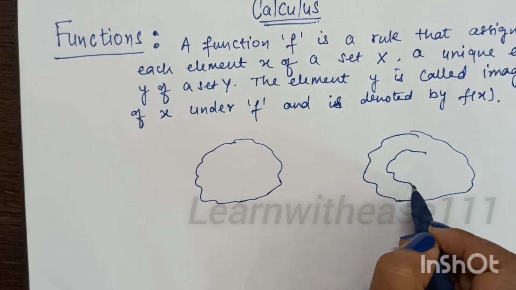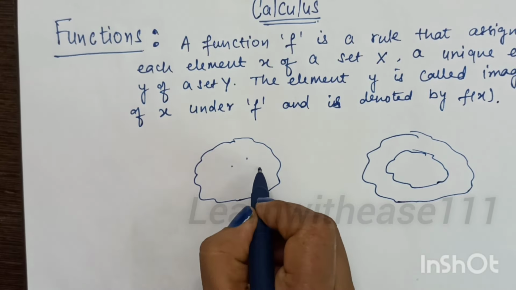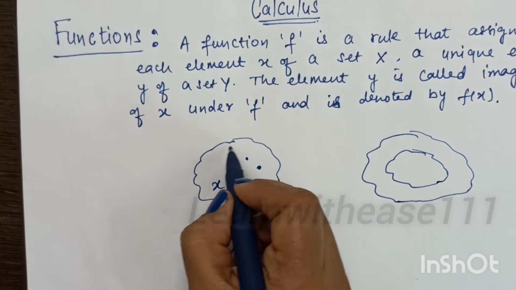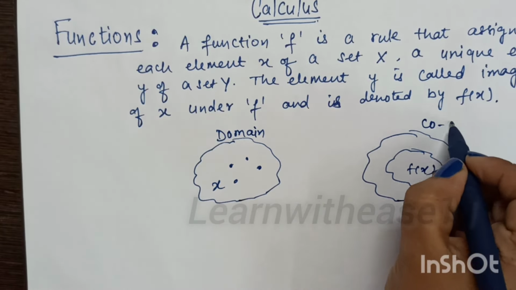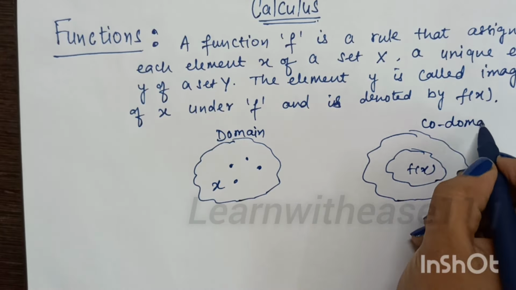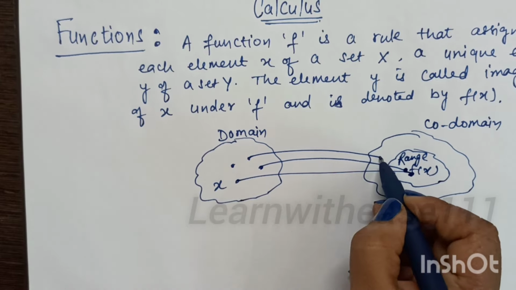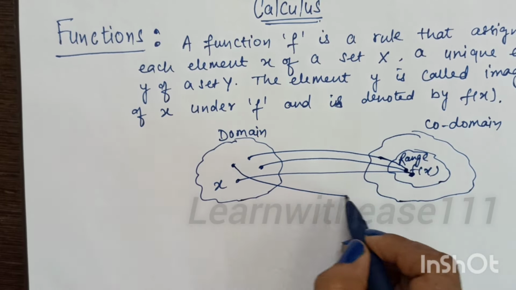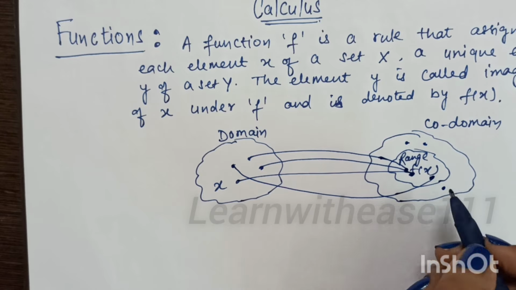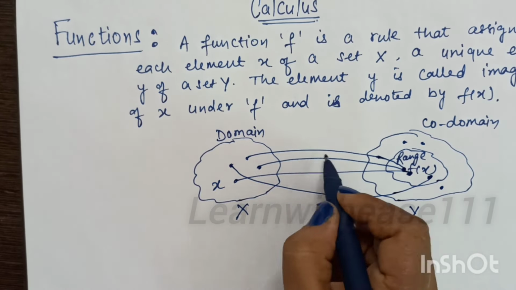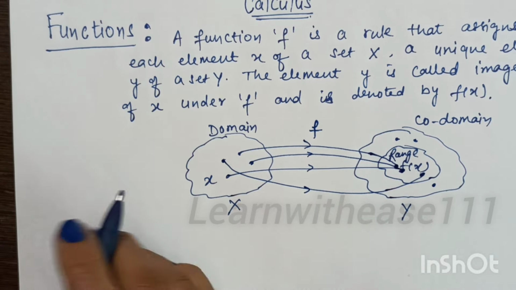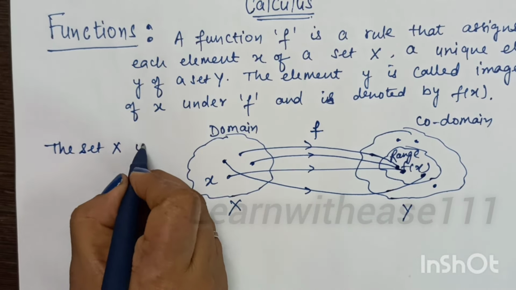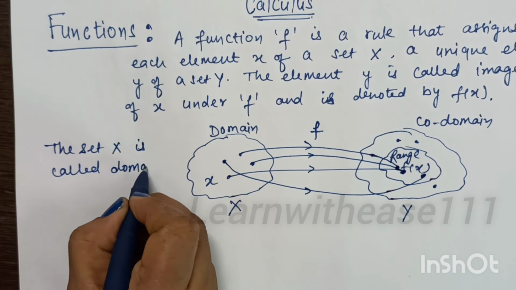So in representation, suppose there are two sets X and Y. The first set X is called the domain and the set Y is called the codomain, and there is a subset of the codomain which is called the range that will contain the images of elements of set X. There can be other elements also in the codomain which didn't get connected with set X. So this criteria by which the elements are being connected is called a function.